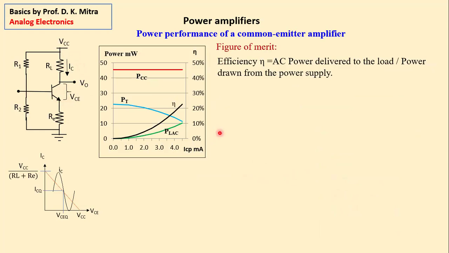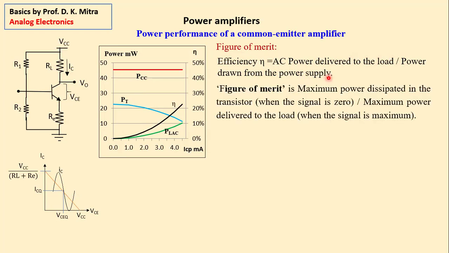So these are the pictures of the earlier slide that I have brought in here. There is another term used in the case of power amplifiers, that is figure of merit. What is figure of merit? Efficiency is AC power delivered to the load divided by power drawn from the power supply at different signal amplitudes. Figure of merit is the maximum of them.